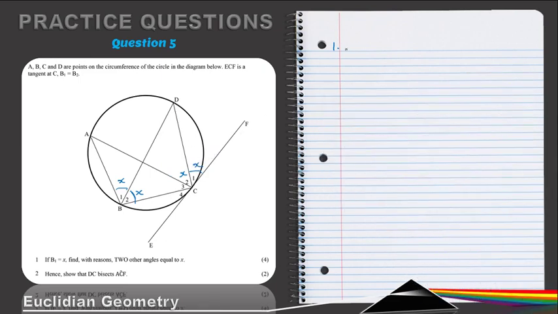So if we write those reasons down, we've got that angle C2 is equal to B1, which is equal to x, and our reason is angles in same segment.